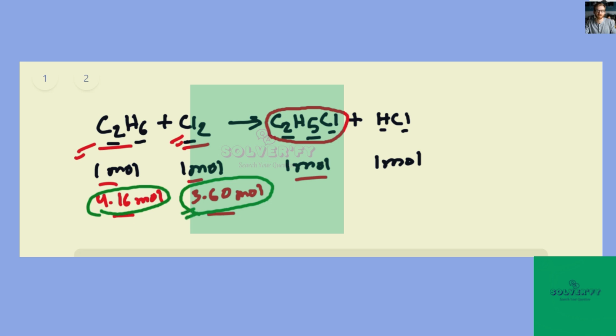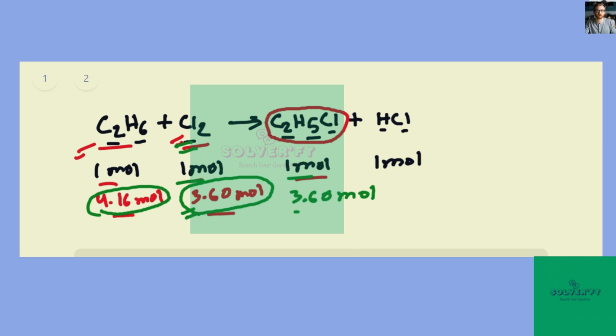As we know, the reactant which is completely consumed first is the limiting reagent, so the limiting reagent here is chlorine, and the product produced is equal to the number of mole of the limiting reagent, because 1 mole of the limiting reagent will produce 1 mole of the product. That means 3.6 mole of chlorine will produce 3.6 mole of C2H5Cl.